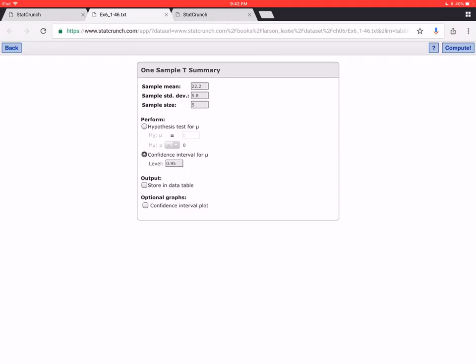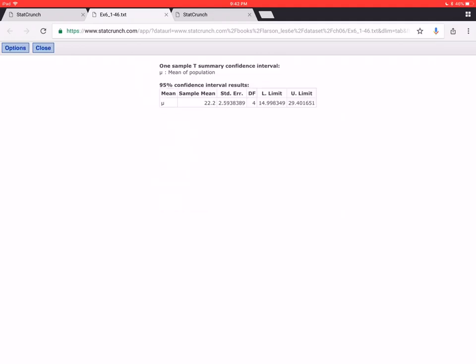The level of confidence is indeed 95%. And when I click compute, once again, I want the interval, the lower limit and the upper limit. I'm going to round to 1 decimal place here. So my lower limit would round to 15.0, and my upper limit would round to 29.4.